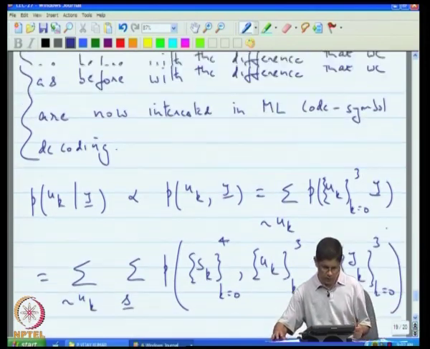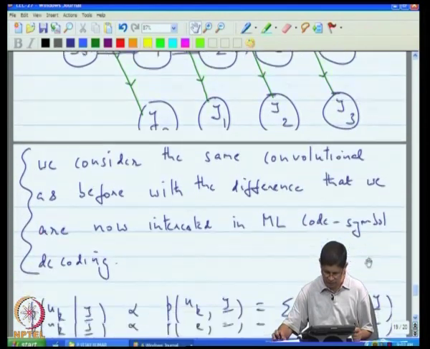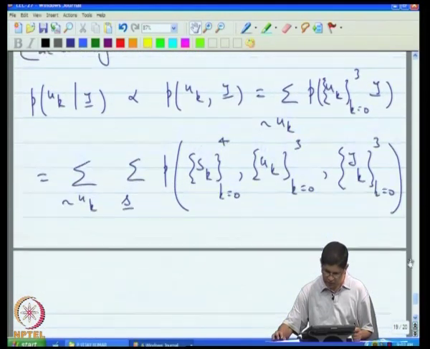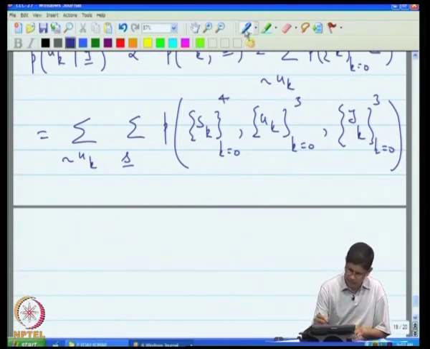So, this corresponds exactly to our convolutional code here, where there are these message symbols. This is the state sequence. You start from state 0, end up in state S4, and these are your corresponding received symbols. And that graph tells us how this actually factors.